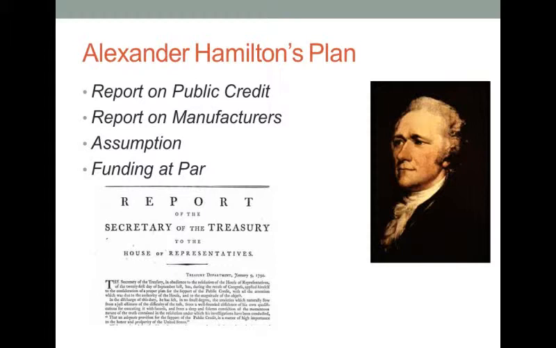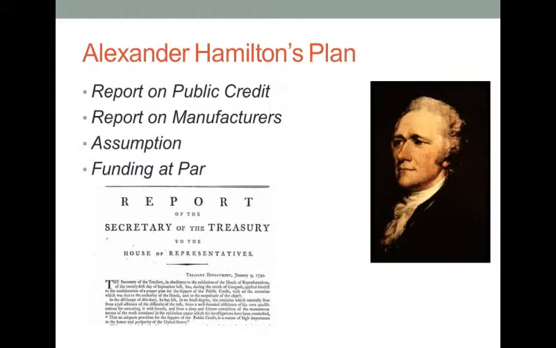The first thing that he did was write some reports, because can you make any decisions without any research? No, absolutely not. So he first wrote the report on public credit. What the report on public credit said was that we should promote an economy that favors the rich.